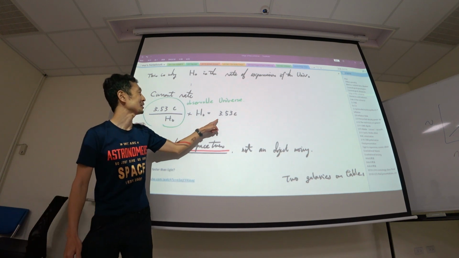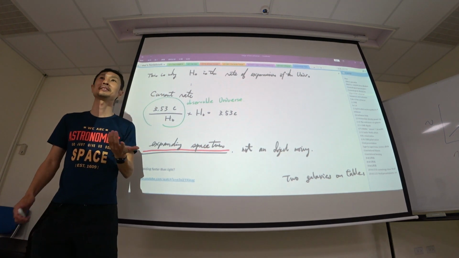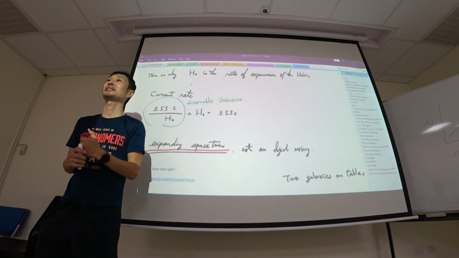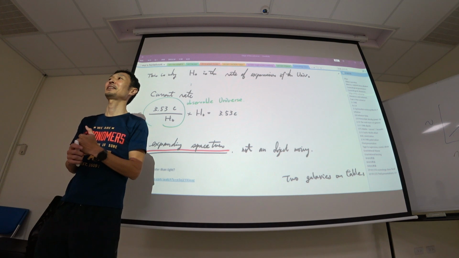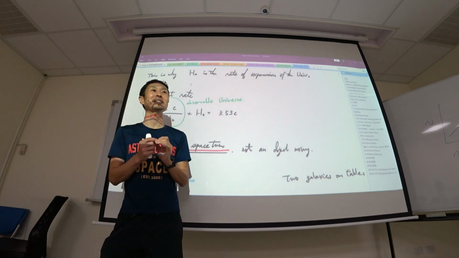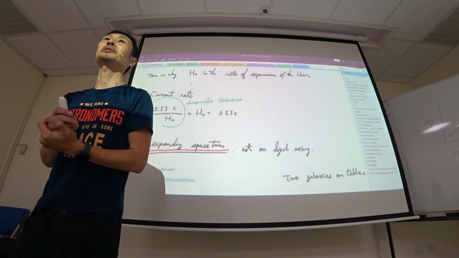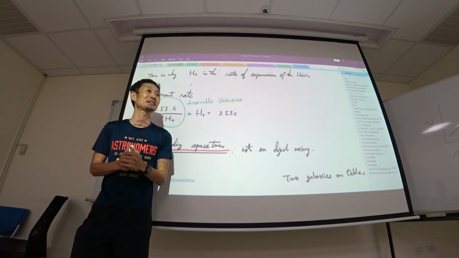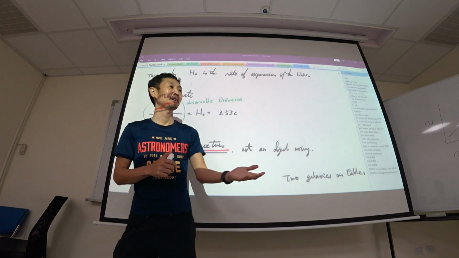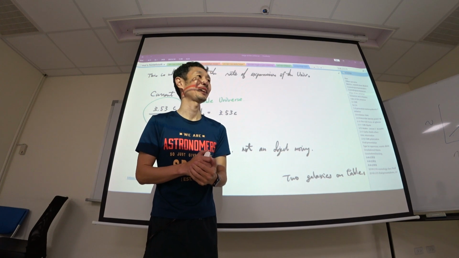It's expanding 3.5 times faster than the speed of light. Is that okay? If you remember, Einstein said in general relativity the fastest thing in the world is the speed of light, right? But this is 3.5 times the speed of light. Is that okay? No? Is it okay?